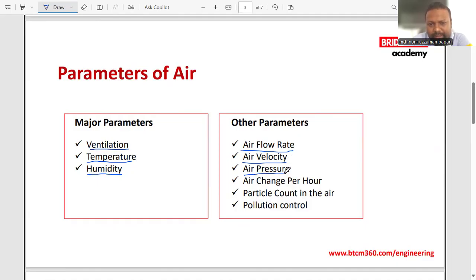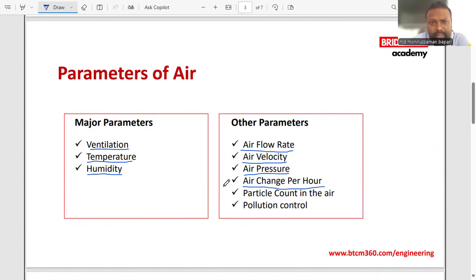Air pressure: in certain spaces, we have to control air pressure. For instance, if you're designing an operation theater or a pharmaceutical factory, you need to maintain a certain pressure in a room or in the facility. Air changes per hour are obviously important for cooling as well as for ventilation.